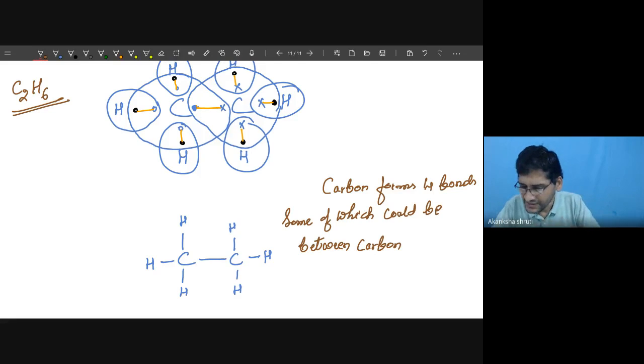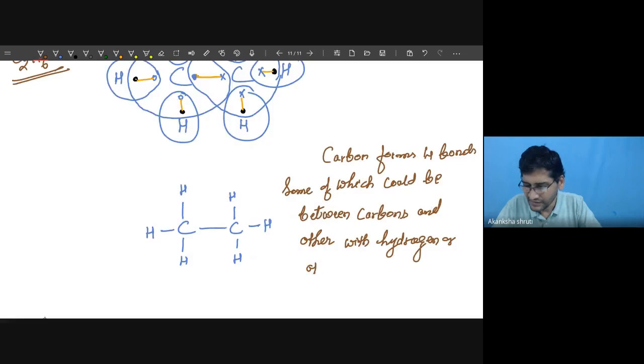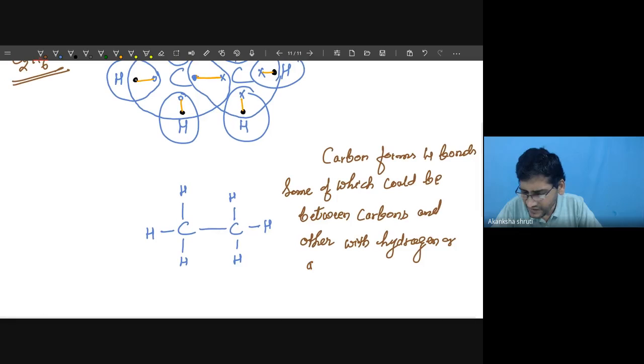So between the carbons, and others with hydrogen or any other atom. Are we getting this much?